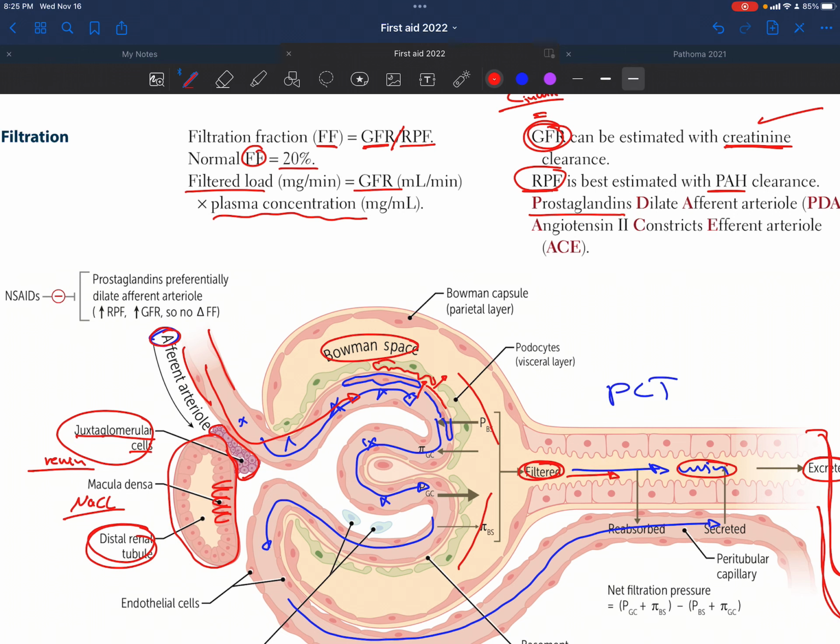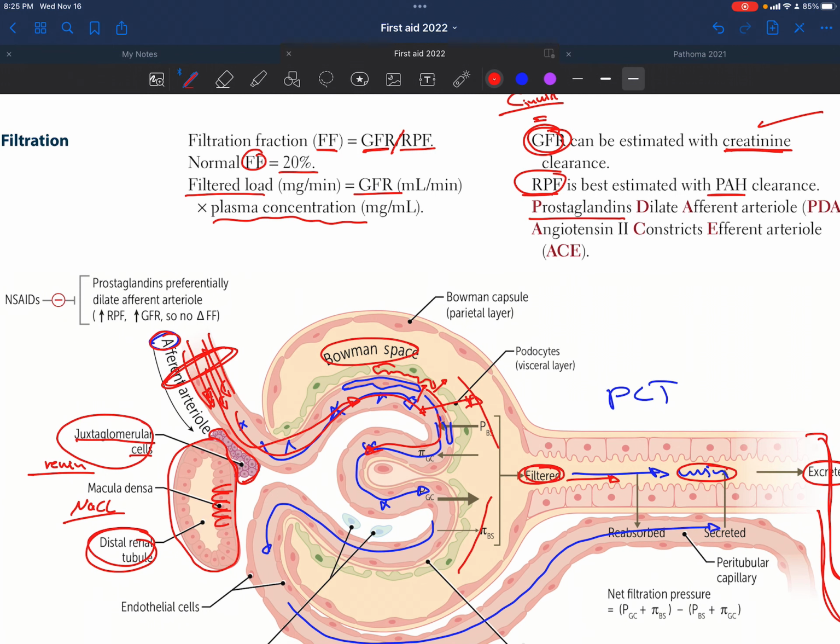When we have prostaglandin, it dilates these vessels, making them larger or wider, allowing more blood to flow into the corpuscle. And because more blood is going into the corpuscle, more material is being filtered into the Bowman space. So now we have an increase in the GFR.